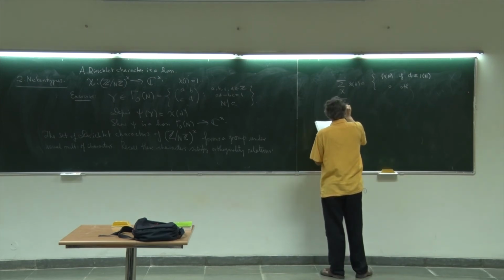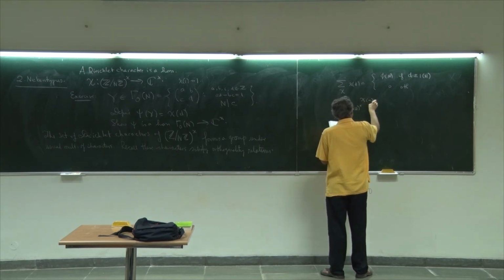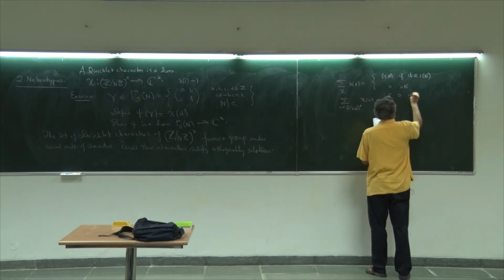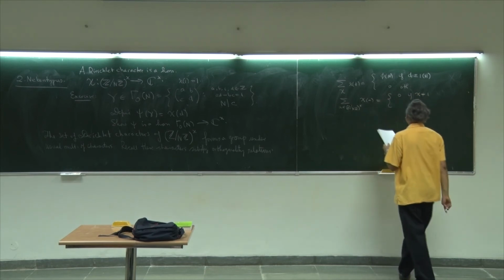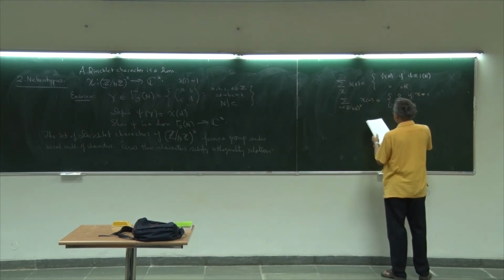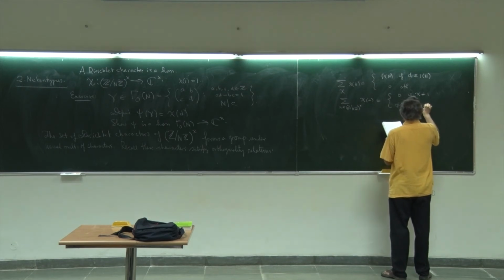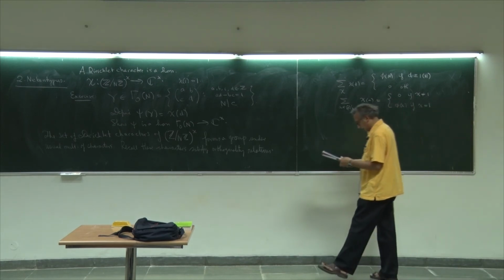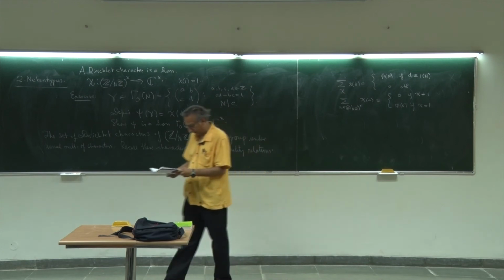The dual relation is if I fix the character and go over d, the sum is zero if chi is not equal to the trivial character, and phi of n if chi is the trivial character. So these are what are called the orthogonality relations. Hopefully, as I said, you've seen them at some point in time.